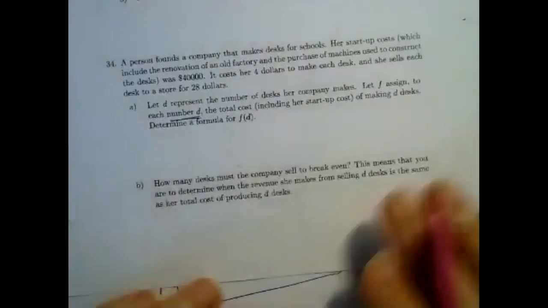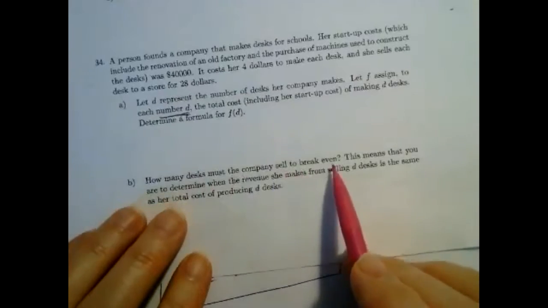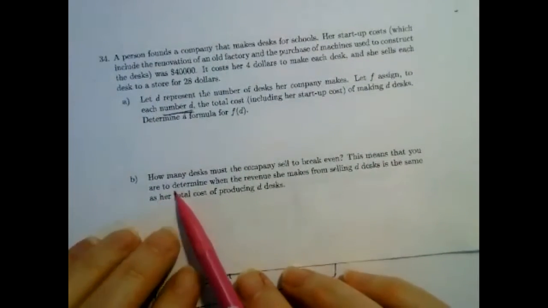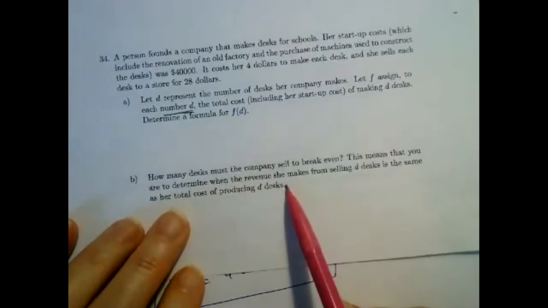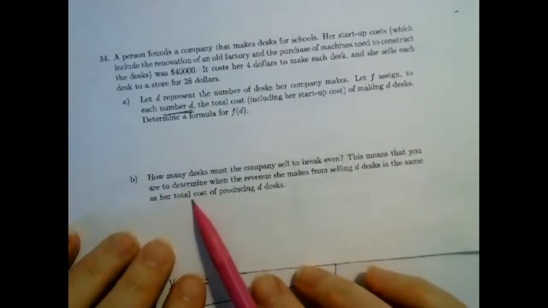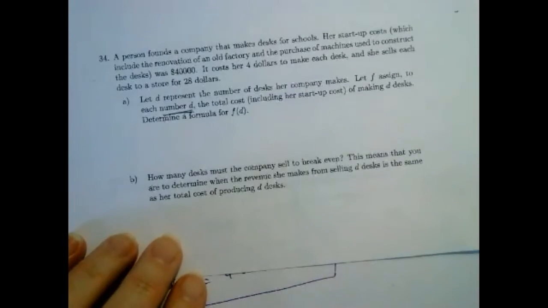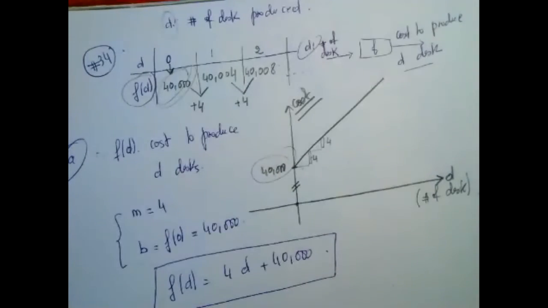So the question here is the following: how many desks must the company sell to break even? And then they explain. That means you are to determine when the revenue she makes from selling is the same as her total cost of producing. So let's see what they are talking about. I'm going to first ask you the following questions.